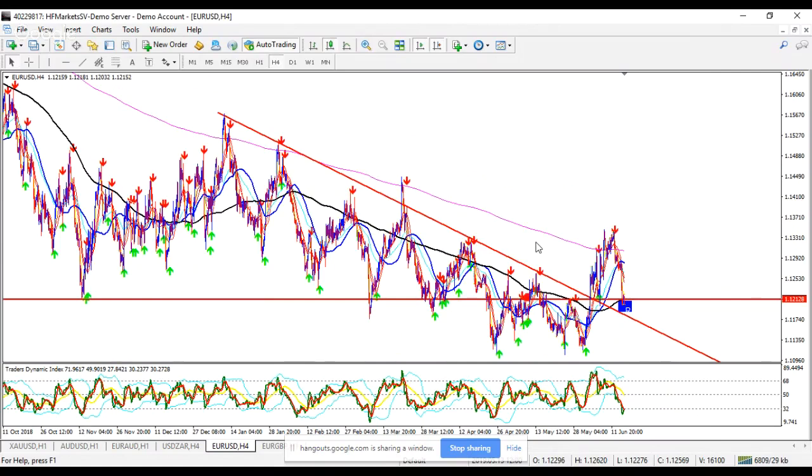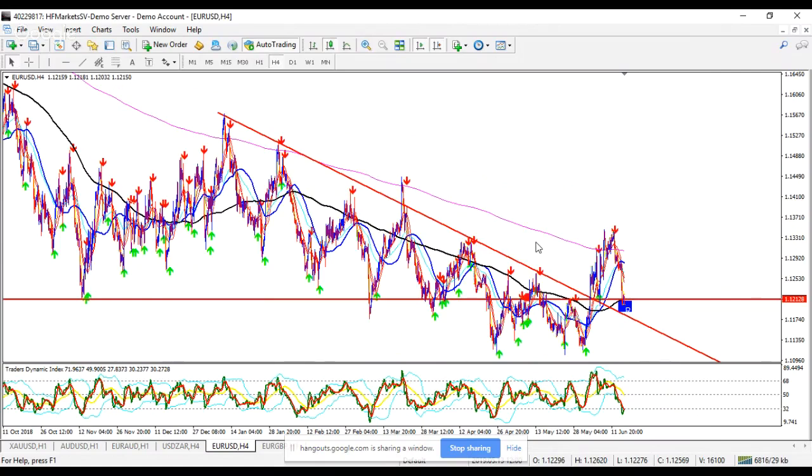The news this morning showed USD, that's the greenback, is making a pullback. And when the greenback is making a pullback, what does that mean? It means the dollar is getting stronger. If the dollar is getting stronger, what happens to the euro USD? Euro falls. Currently, euro is weak. If you follow the news, you would know euro is weak.